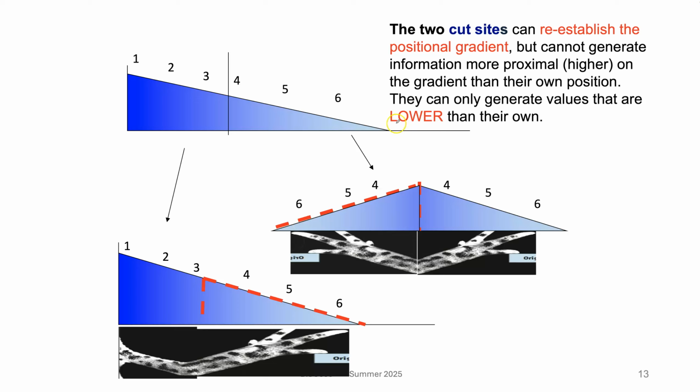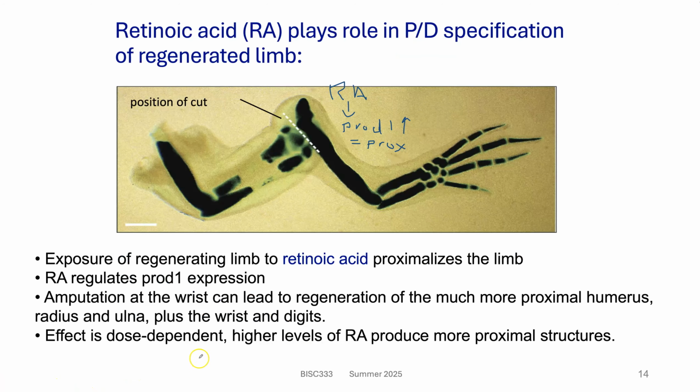And again, the idea being you can only generate a lower positional value than your own. One of the molecules we know that is responsible for this is retinoic acid. And we know a few things.